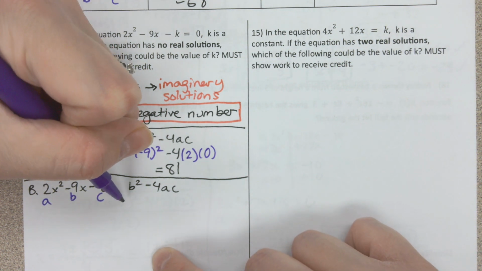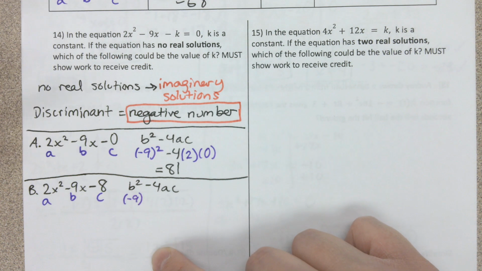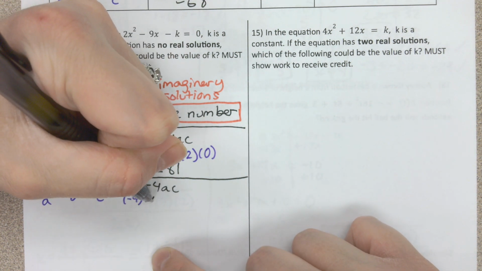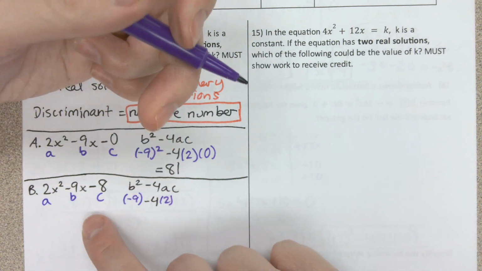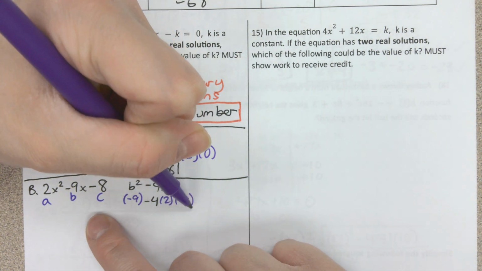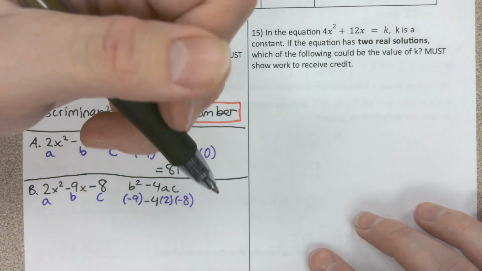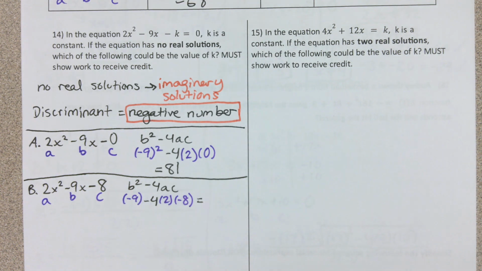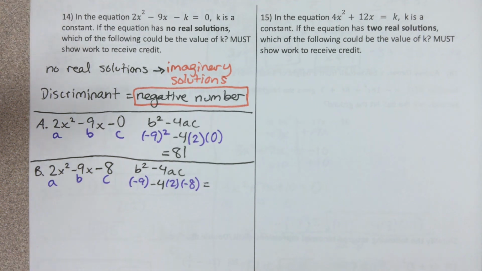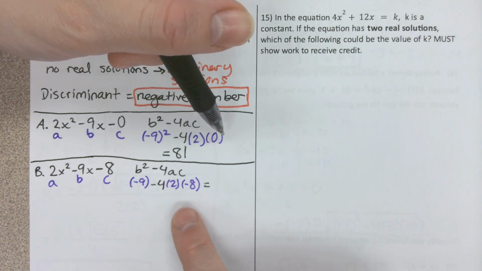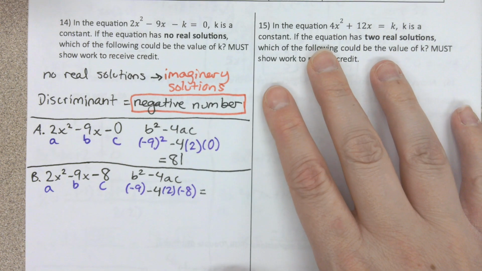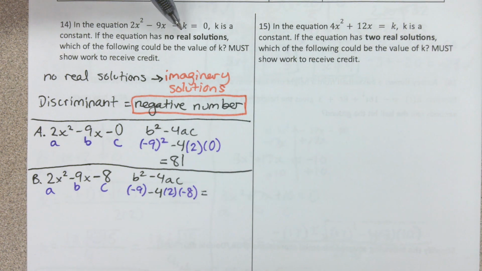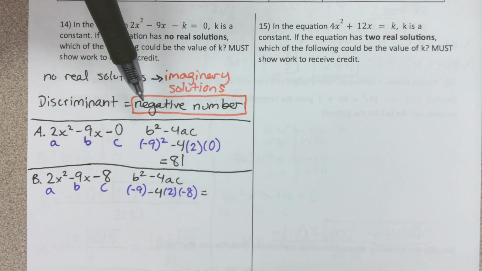B is negative 9 minus 4 times A, which is 2, times C, which is negative 8. And I can actually fit this on here this time. And you'll notice when I keep doing this, the only number that's going to change is the C number, because that's the only thing I'm changing as I go. Again, we're plugging these in for K. We're trying to find the K value that gives us a negative number here.